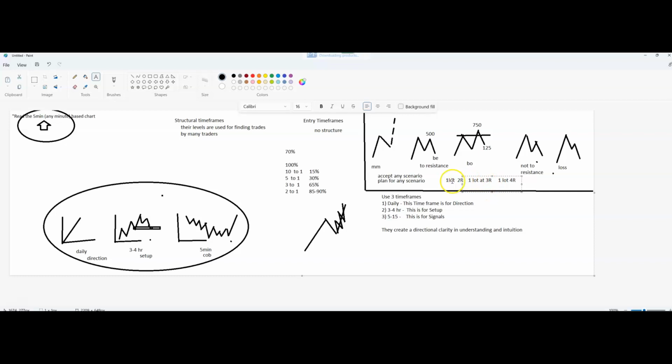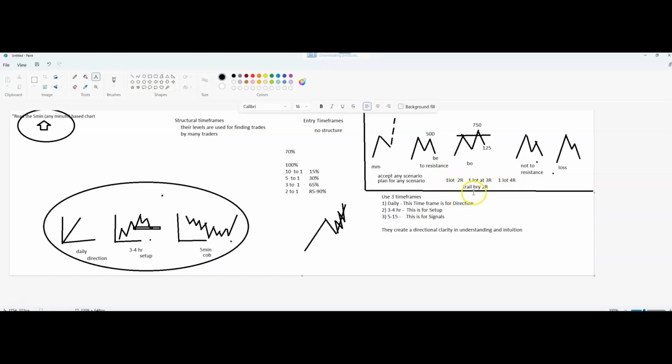When it goes to 2R, or when it goes to 3R, you trail by 2R. So that means if it goes almost to 4R but doesn't get filled, say it goes 3.5R, that lot, when it pulls back, will be filled at 1.5R. So you didn't totally mess that one all the way to break even, but you took something.